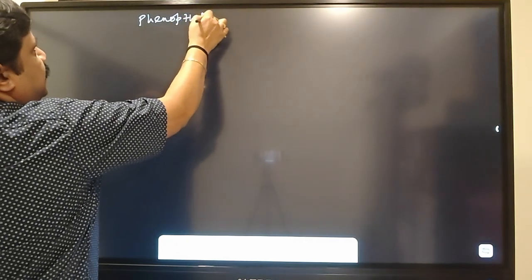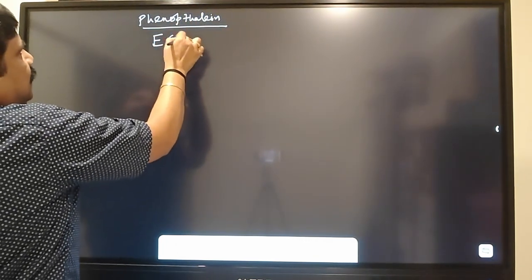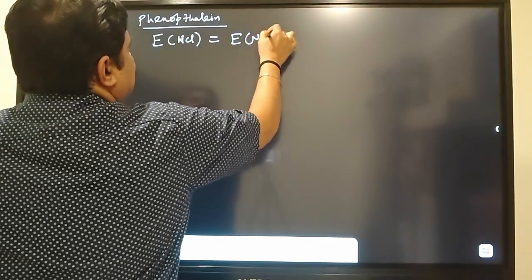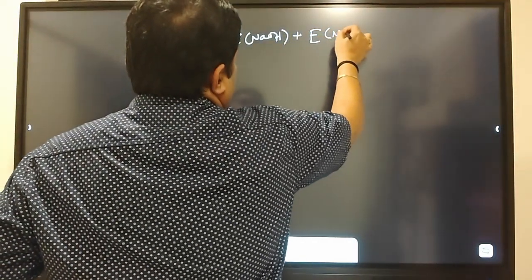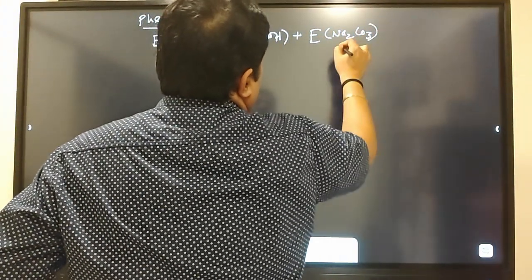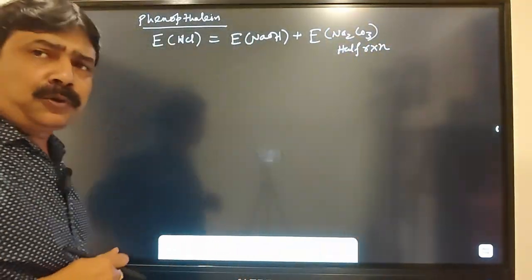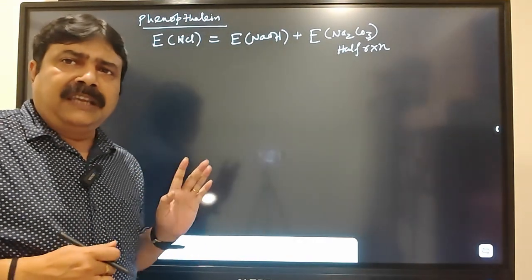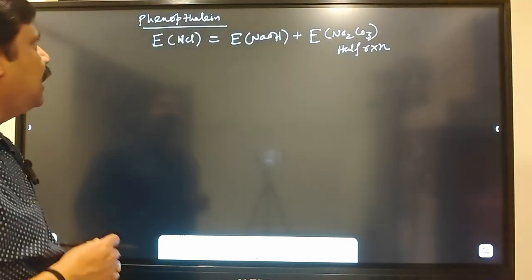When I utilize the phenolphthalein indicator, the equivalents of HCl equal the equivalents of NaOH plus the equivalents of Na2CO3. But keep in mind it is a half reaction, because it is only converted up to NaHCO3. NaHCO3 further reacts with HCl to give H2CO3, and in that reaction we cannot utilize phenolphthalein. So this is for phenolphthalein.